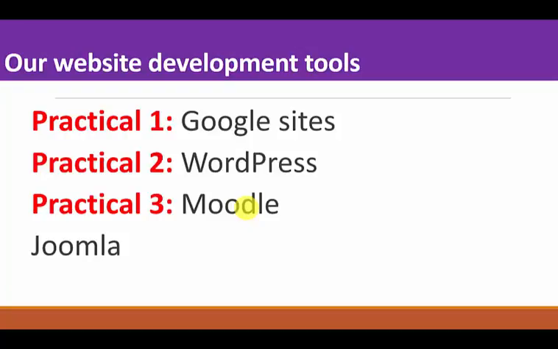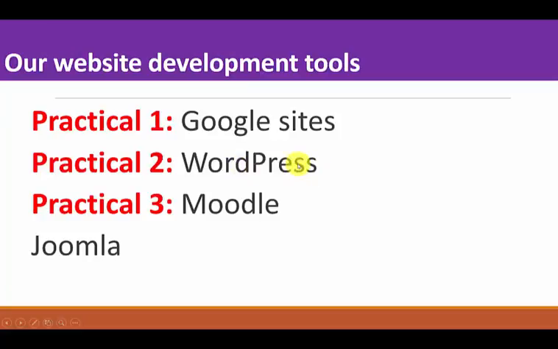There are 3 tools that we are going to be using. For our practical 1, which is the one for today, we shall be looking at Google Sites. Google Sites is free, it is secure, it is just wonderful, and you do it yourself. The second is WordPress. WordPress is also largely free.